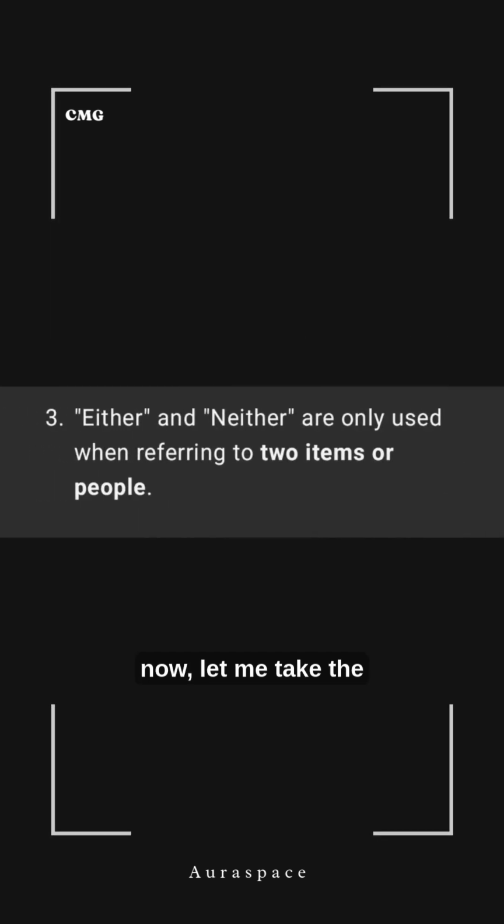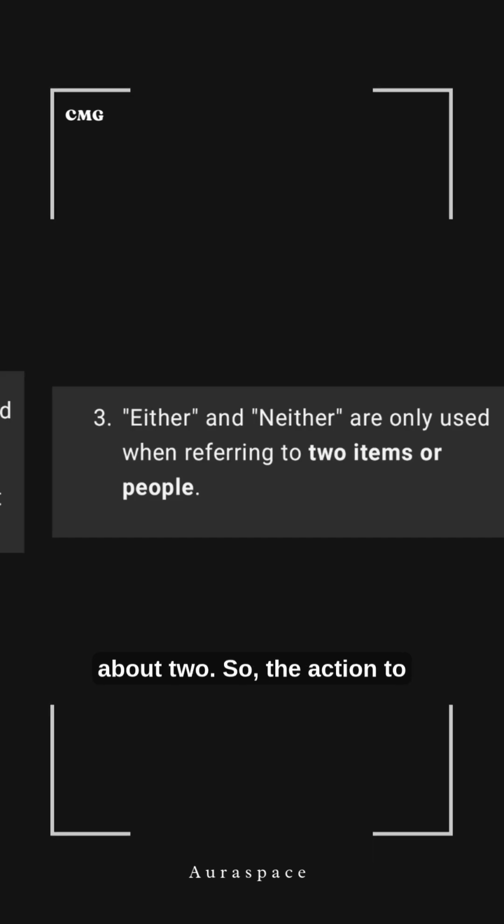So now let me take the third one, which is the last one: either and neither. They are used only when referring to two items or people. We are talking about two. So the action to be taken is between two people or two items, and no more than that.